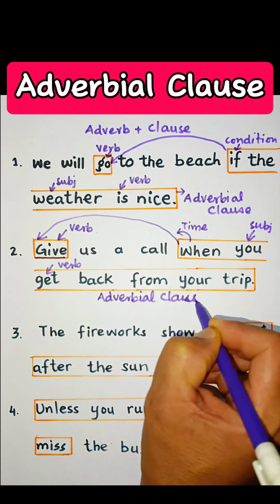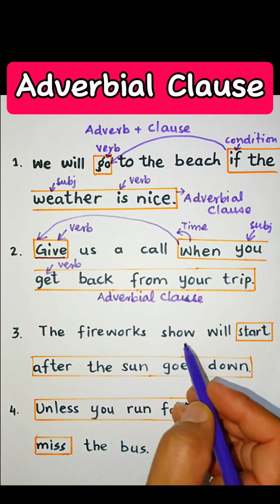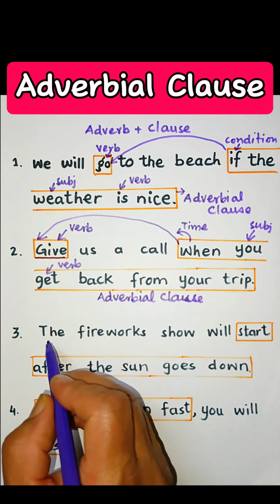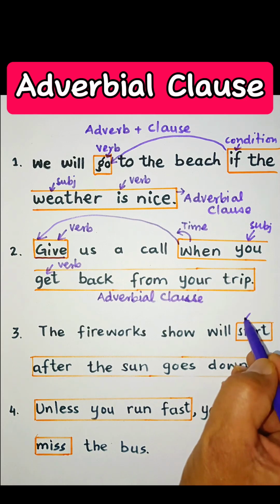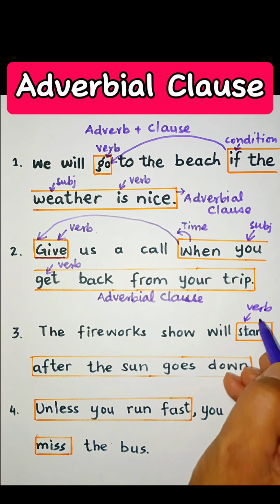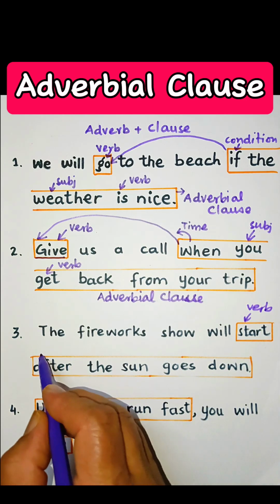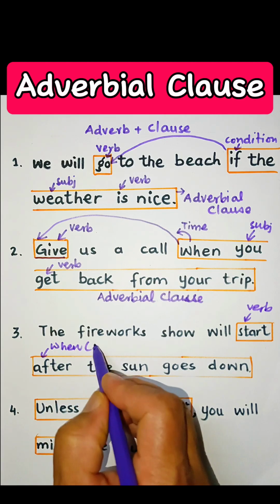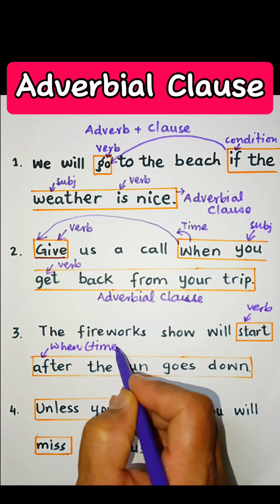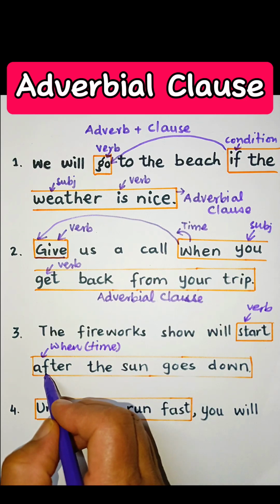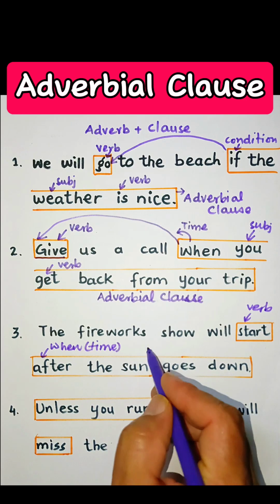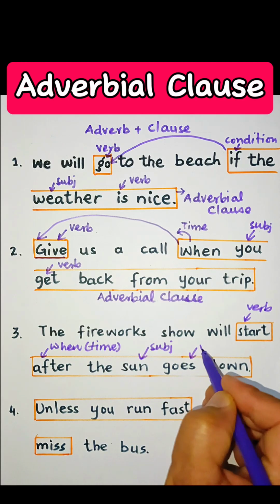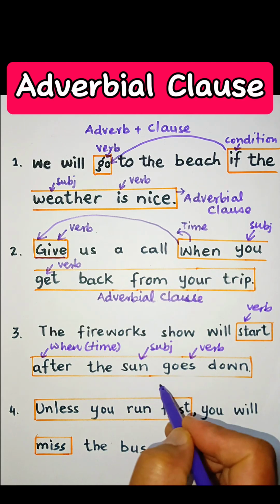Now look at sentence number 3. The fireworks show will start after the sun goes down. So fireworks show will start, this is again the verb in this particular sentence. Again this shows time, meaning when it is to be started. So this shows that this is the time, the sun goes down. Over here you can see that sun is the subject, goes down is the verb. So it is a clause now.